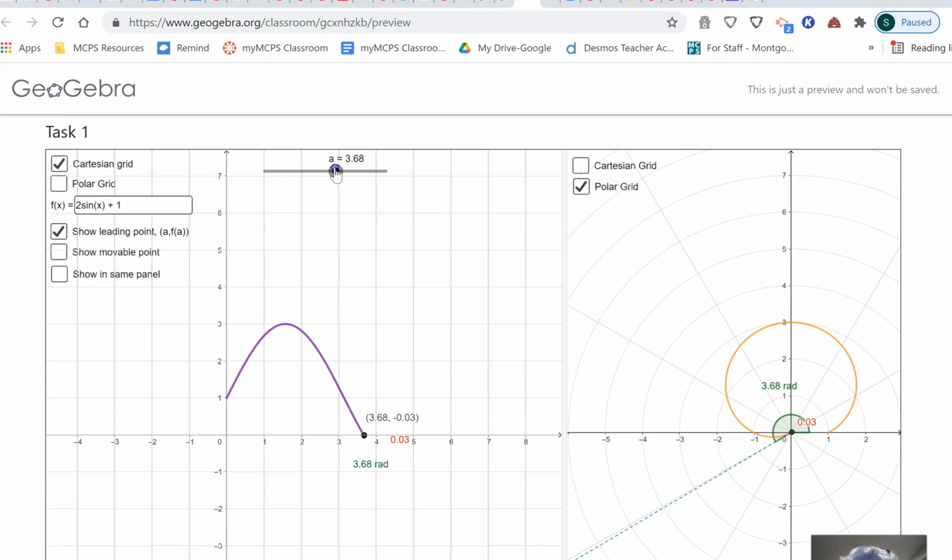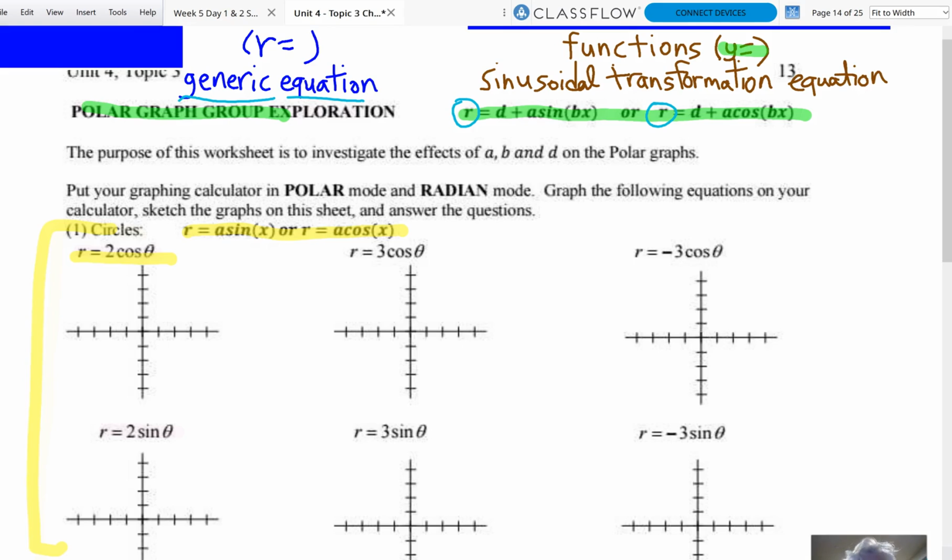My yellow circle is pretty much done, but as I dip below the x-axis, you can see the green circle is being completed to say I'm going to finish to 2 pi, and the inner loop is created only for the values that are below the x-axis. All right, so you might want to have taken notes on your packet for that.